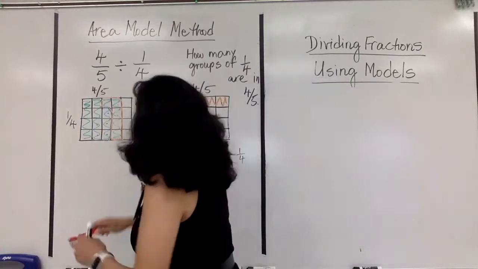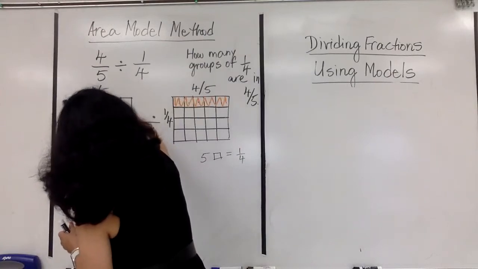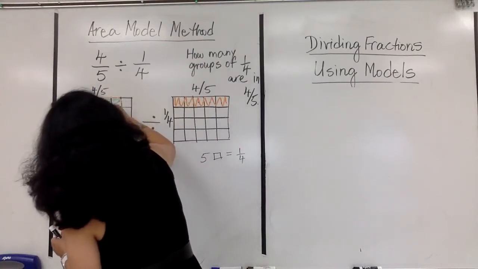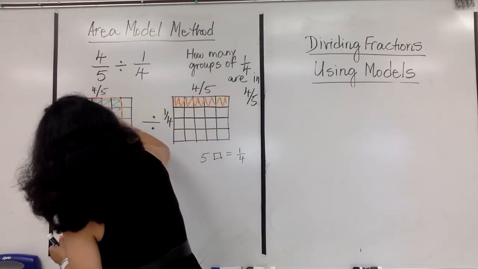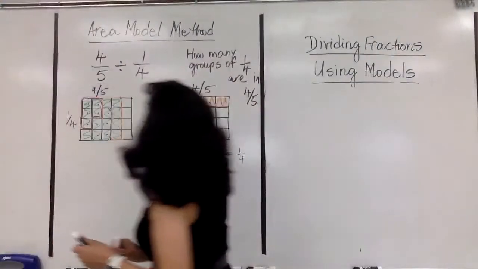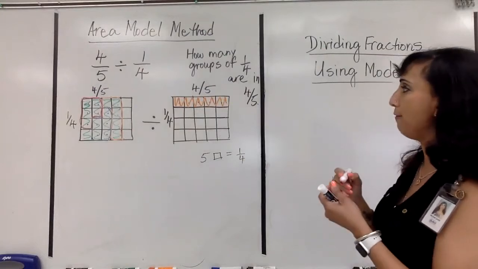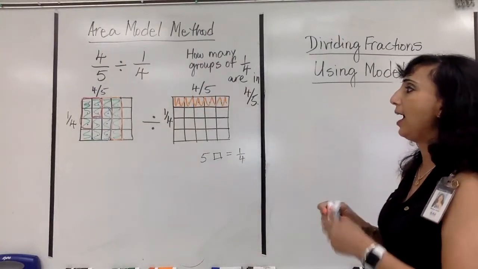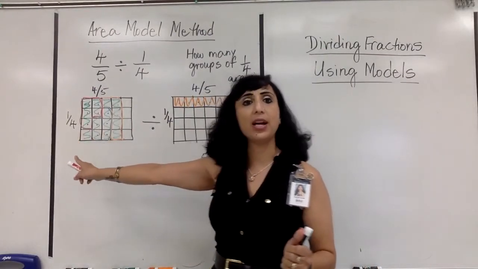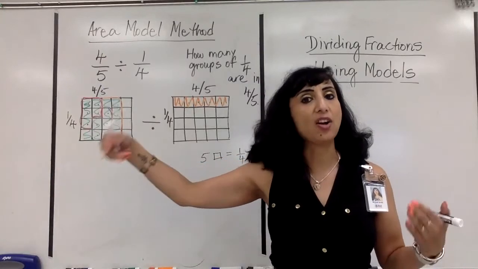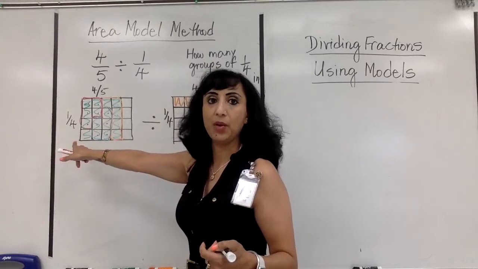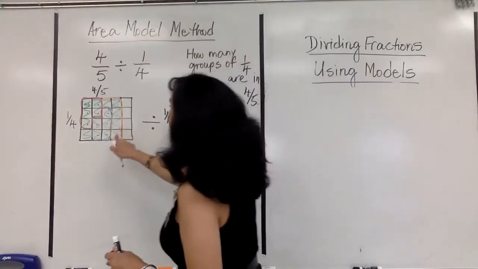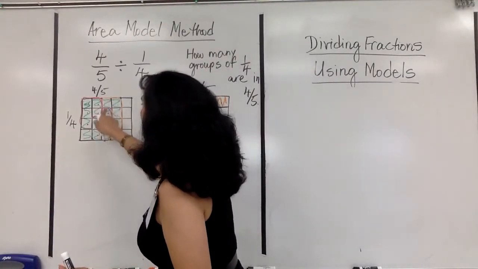And then let me use another color. 1, 2, 3, 4, 5. So here is my third group of 1/4. And then I have one remainder which is left over. So out of the 5, I have one part left over. Okay, so here's one group, another group, another group.